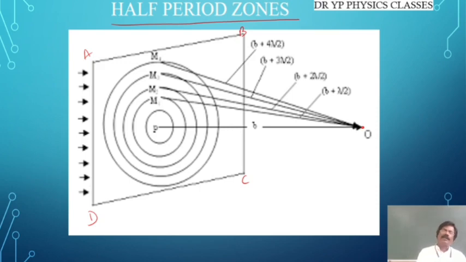Now, along this wavefront, each and every point on the wavefront is a point source of secondary wavelets according to Huygens' principle. That means they can send waves in all directions.